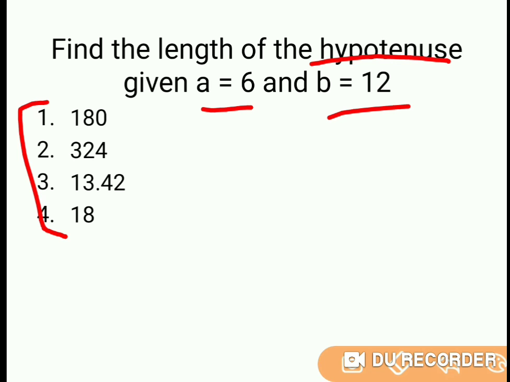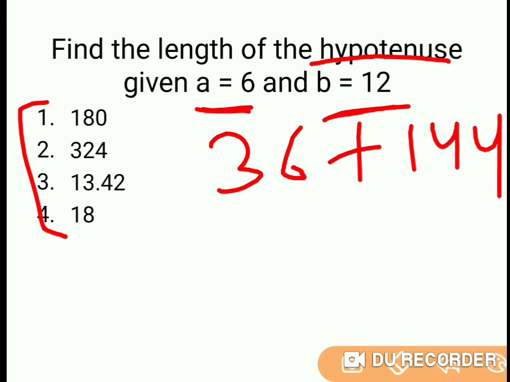Here a is 6, b is 12. We know the square of the hypotenuse is equal to the sum of the squares of the remaining two perpendicular sides, and those perpendicular sides are a and b. So you will square a and b. The square of 6 is 36, plus the square of 12 is 144.